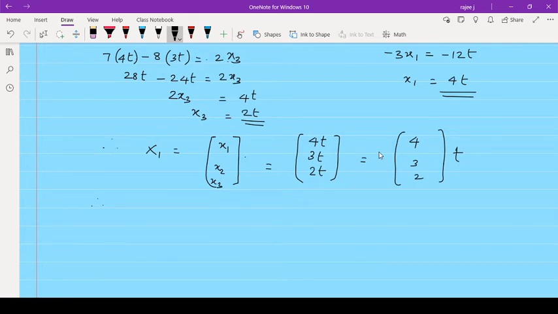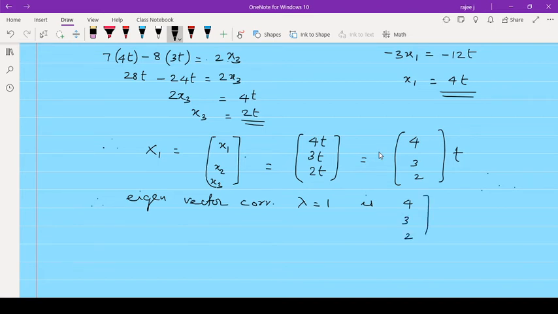Some may get the answer after solving as 8, 6, 4. This is also right because here t is taken as 2. Any constant value works, so this eigenvector can be any multiple of 4, 3, 2. So that is the eigenvector corresponding to lambda equal to 1, which is 4, 3, 2.